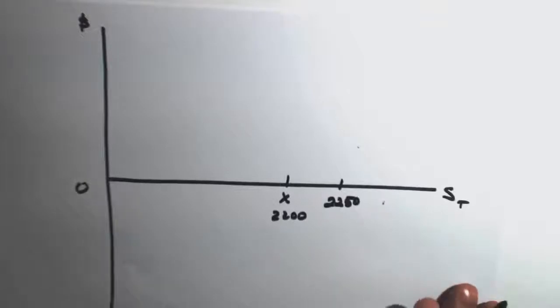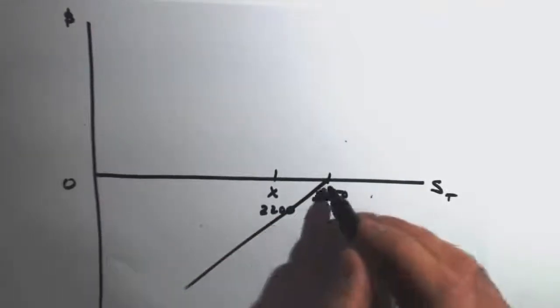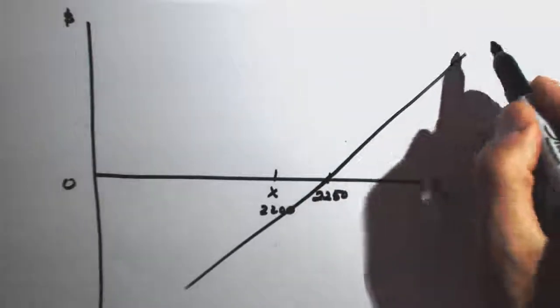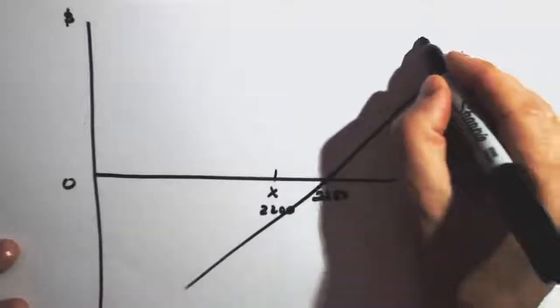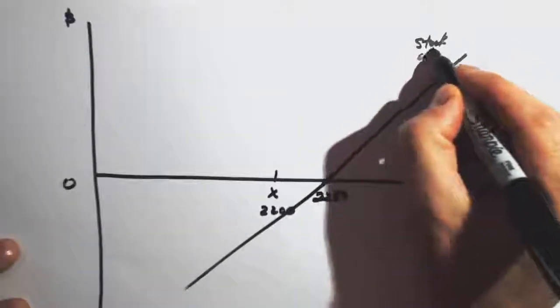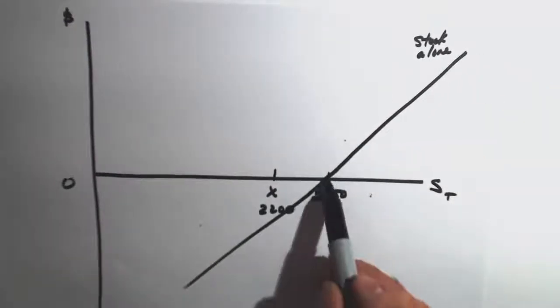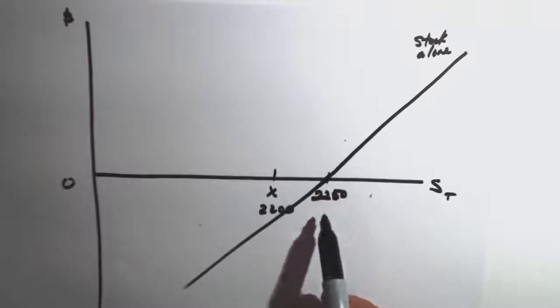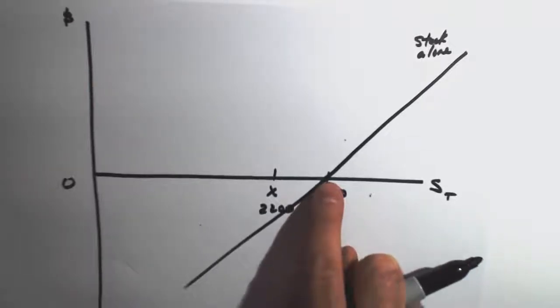Okay, and so the line for the stock, you could think of this on a per share basis for our fund that we're hedging, stock alone, is the familiar line you've seen before. It has a slope of 1 and crosses right where the stock price was at the very beginning when we put the position on. So you break even at this point.